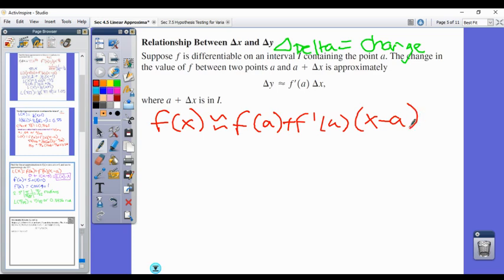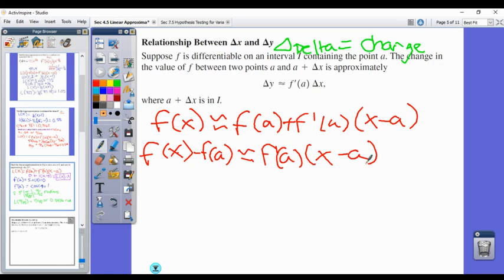So what I could do is I could subtract over the f of a. So we could say f of x minus f of a is approximately equal to f prime of a times x minus a, right?